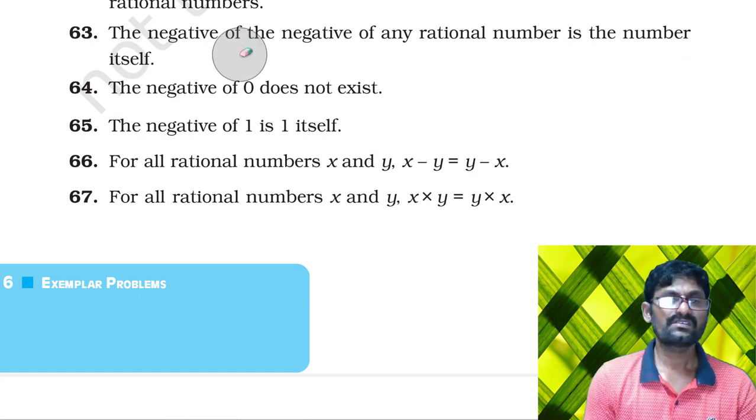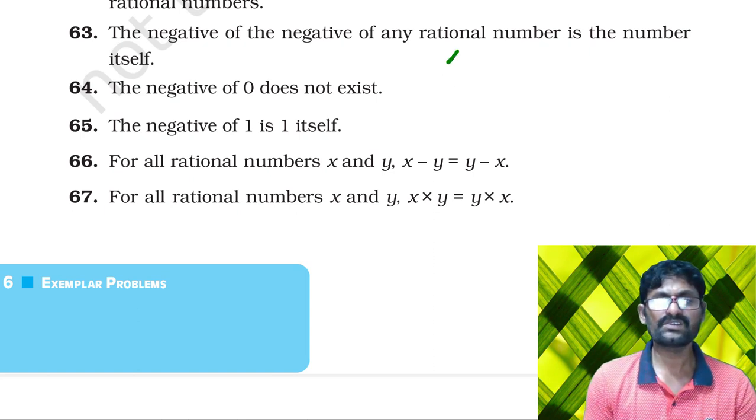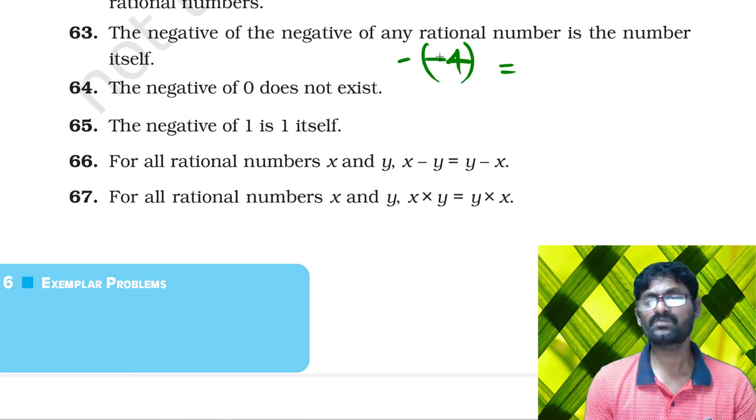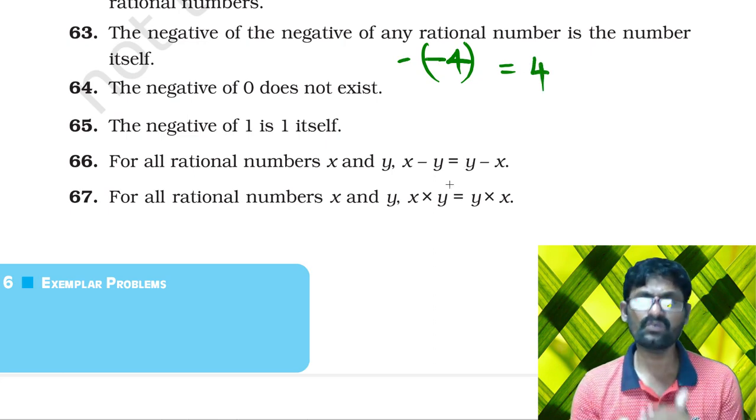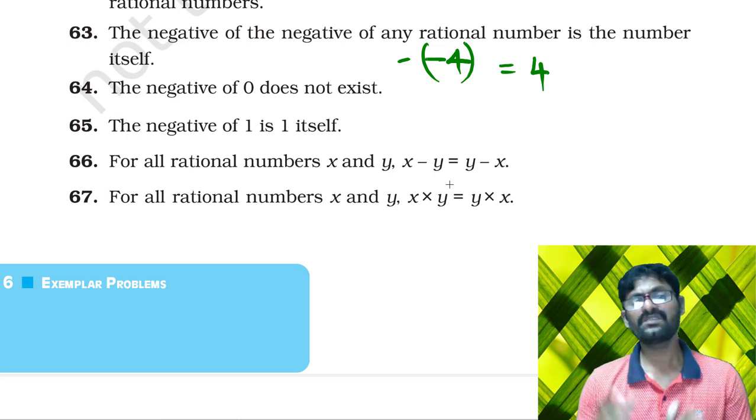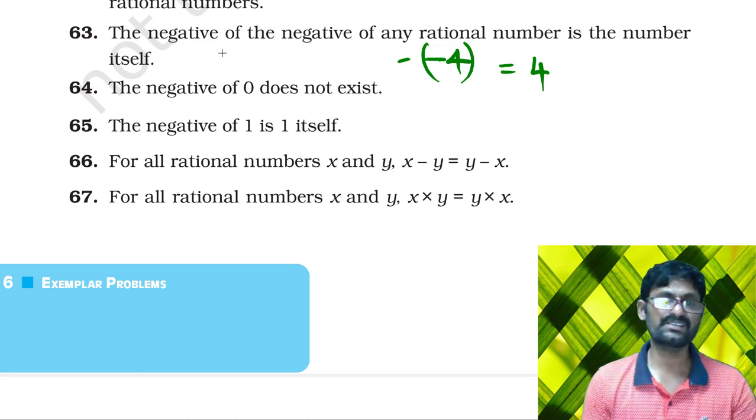Yes, this is correct. Suppose you take the number 4. Negative of this number is negative 4. Negative of the negative, that means if you take negative again, minus times minus is plus. So this is equal to 4. So negative of any rational number is the number itself. That is a true statement.